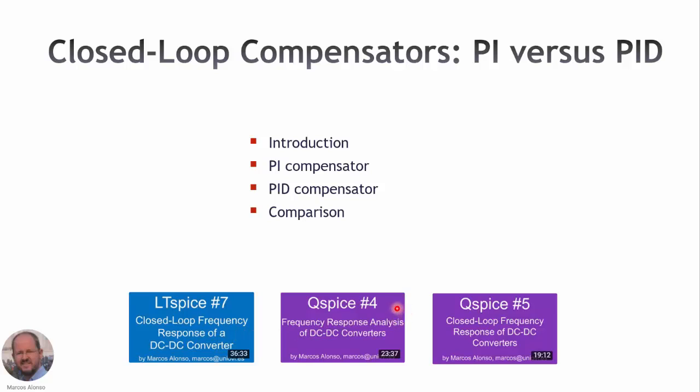Qspice number 4. In this video, we showed how to do frequency response analysis of DC-DC converters in Qspice. And in this video, Qspice number 5, we explained how to obtain the closed loop frequency response of DC-DC converters, and we will be using this methodology in this video today.